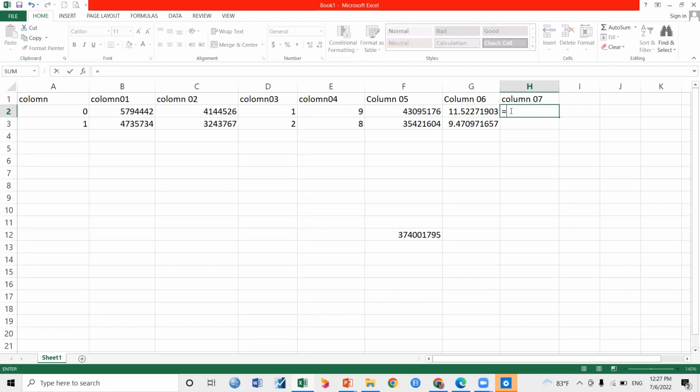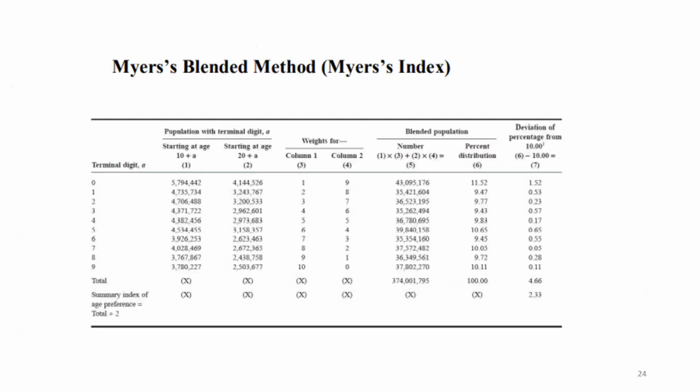Then we need to reduce 10 from each value to have the values for the 7th column, equal to this value minus 10. So after completing this whole process, you will have answers for the table. Then we can take the absolute values.